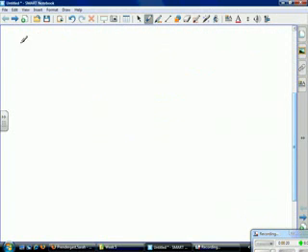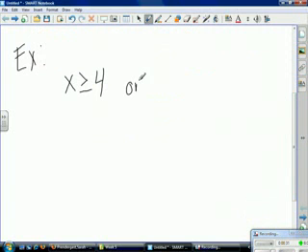We're going to start off by giving you an example of an OR inequality. So we have x is greater than or equal to 4, or x is less than 0.